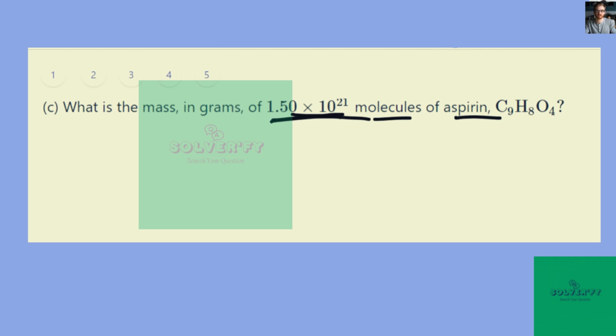So we'll start with the number of molecules in 1 mole of aspirin, and as we know, in 1 mole of any molecule we have 6.02 times 10 to the power 23 molecules in 1 mole.